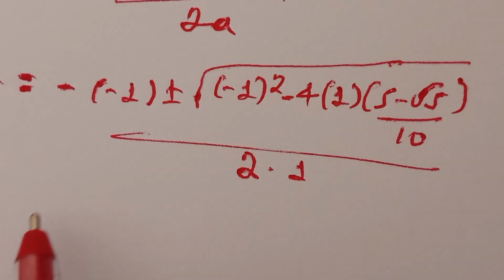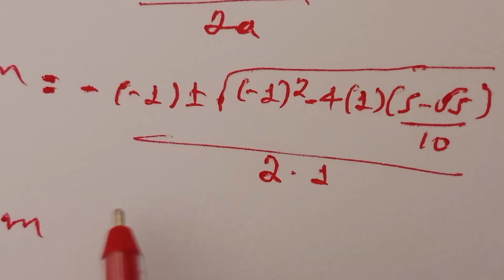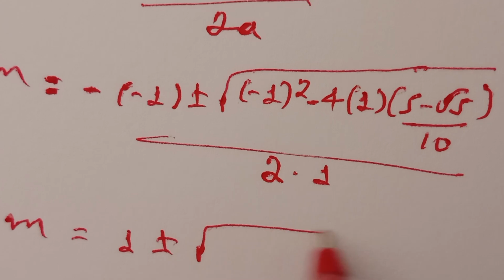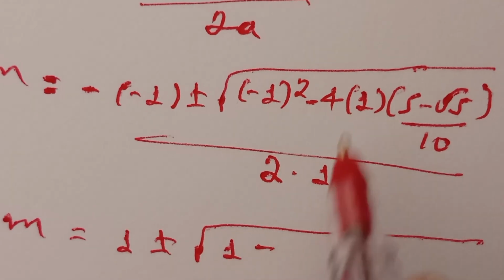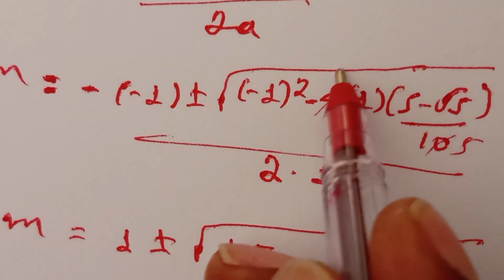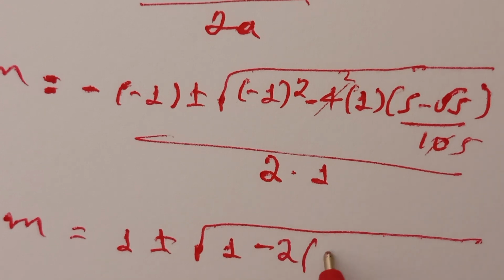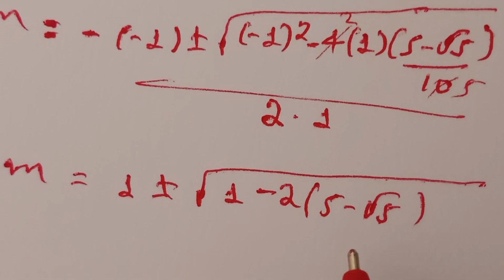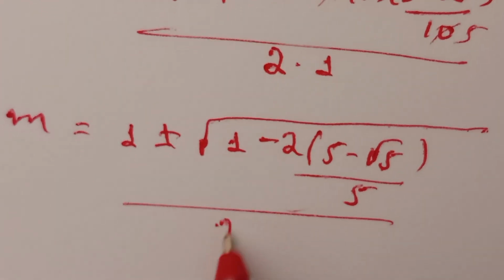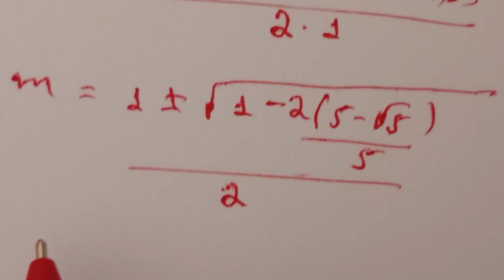So this becomes m is equal to 1 plus or minus the radical 1 minus 4 times (5 minus the radical 5) over 5 over 2.